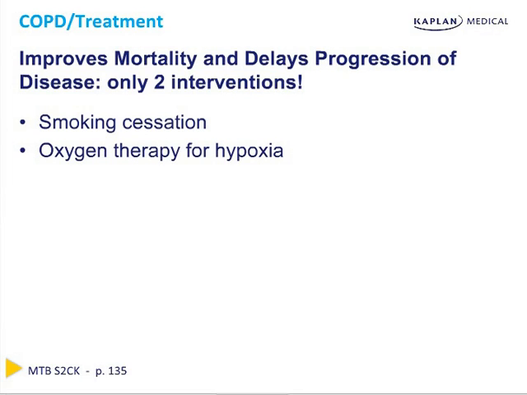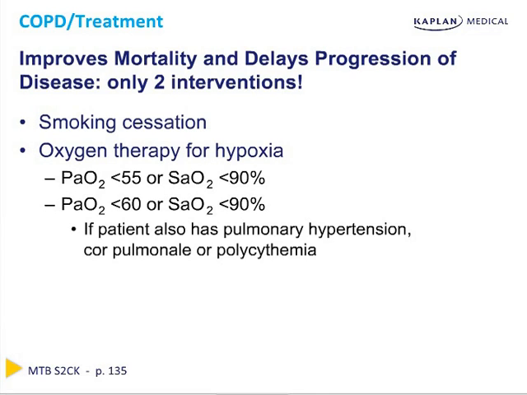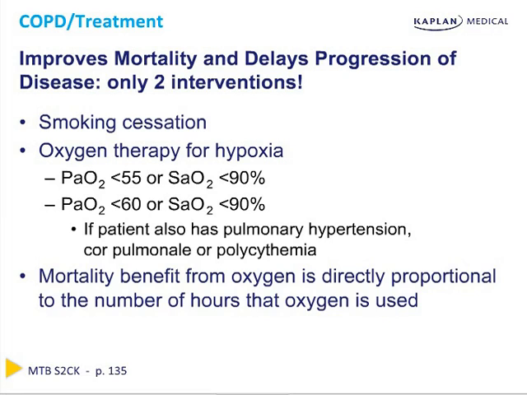The indications for oxygen therapy in COPD include the following: having a PaO2 less than 55 or an oxygen saturation less than 90%, or having a PaO2 less than 60 or a SAT less than 90% if the patient has pulmonary hypertension, cor pulmonale, or polycythemia. And remember, the mortality benefit from oxygen is directly proportional to the number of hours that the patient actually uses their oxygen.